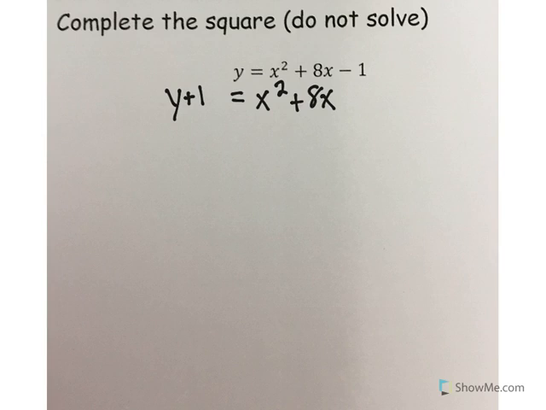Now we're doing our b divided by 2 squared. So what is b divided by 2? Okay, b is 8, so what's b divided by 2? 4. So that means that on the left side, I'm going to do 4 squared.